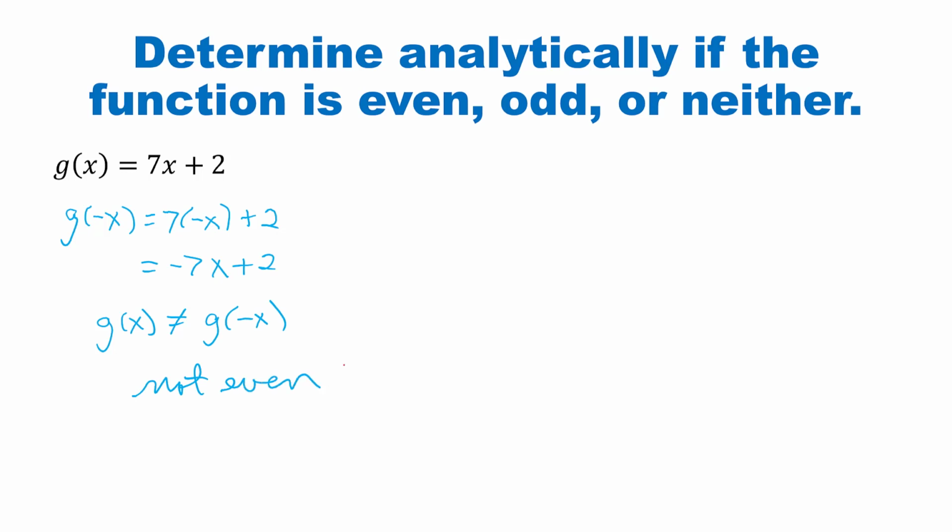Okay, to find whether it's odd, we need to also find negative g of x. The easiest way to do this is to put a negative sign outside of parentheses that enclose the expression, in this case 7x plus 2, and distribute the negative through. We have negative g of x equals negative 7x minus 2.